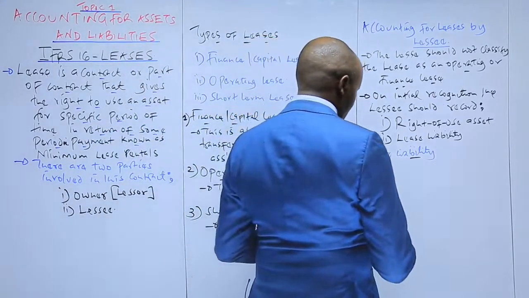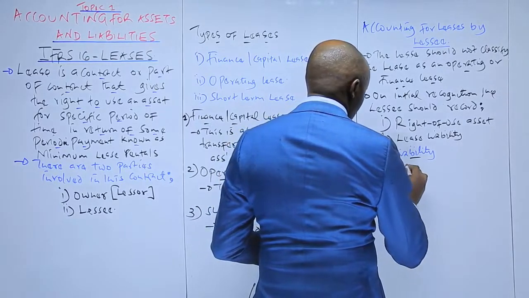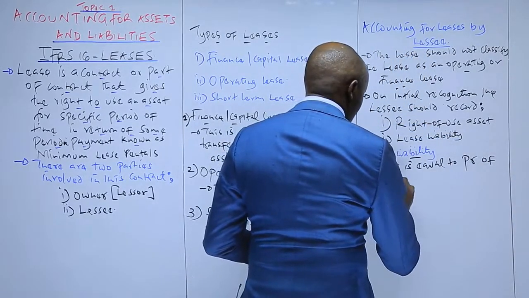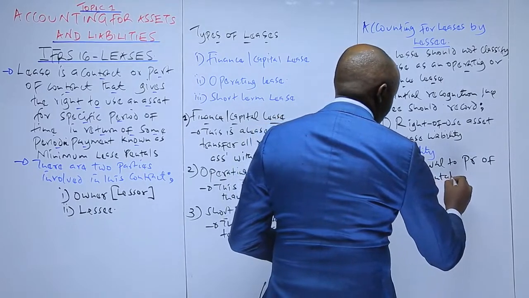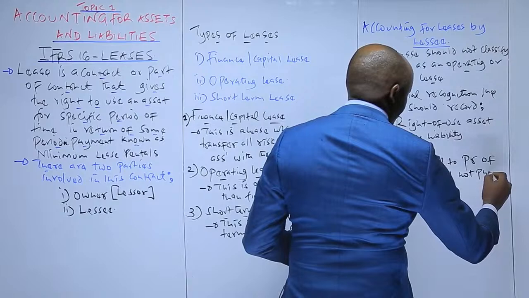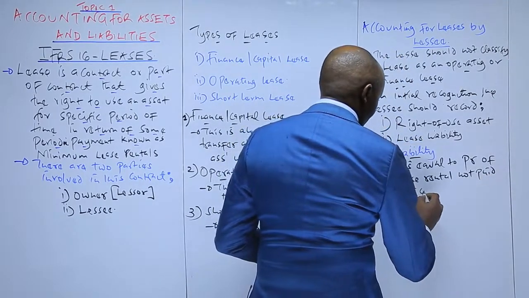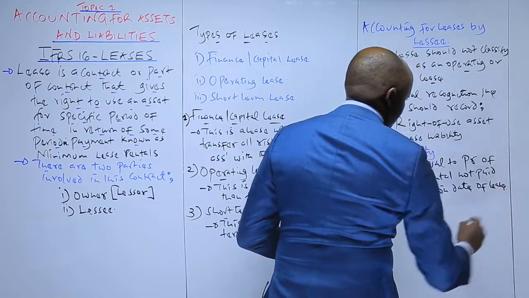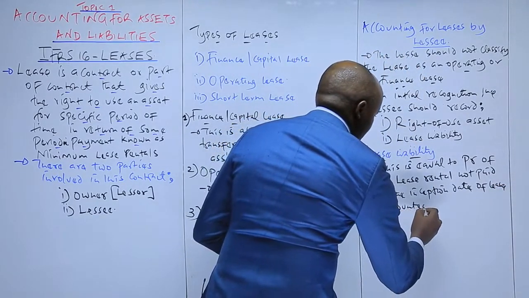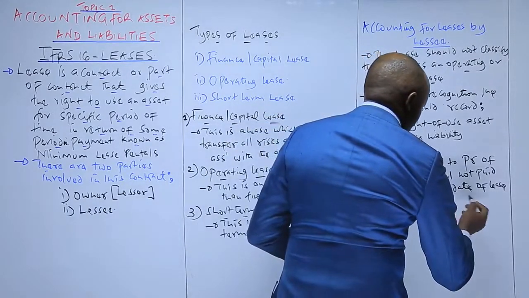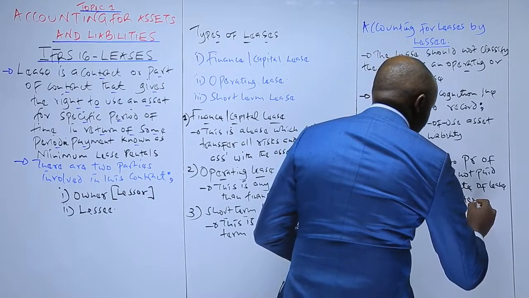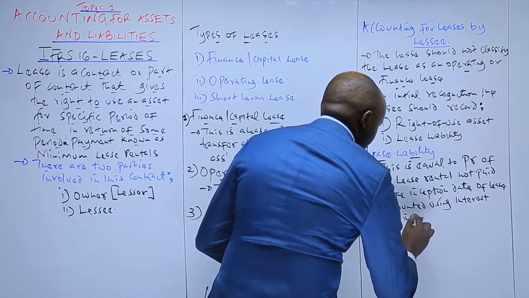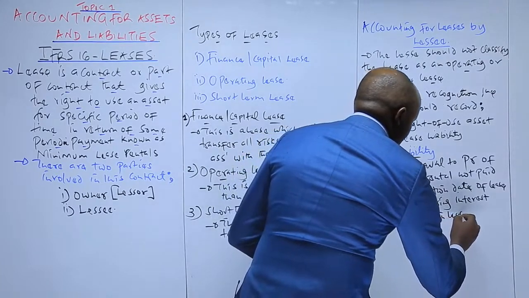Therefore, the lease liability is equal to the present value of minimum lease rentals not paid at the inception date of the lease, discounted using the interest rate implicit in the lease. Implicit in what? In the lease.